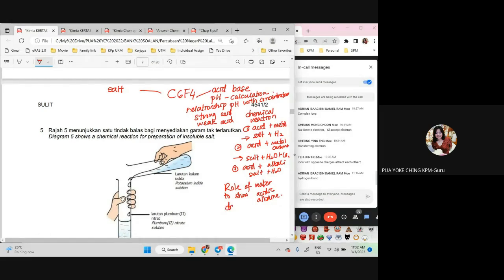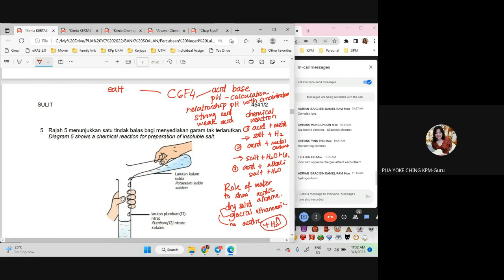Kalau dia adalah pepejal yang kering, no water. When they are in glacial state. Okay, glacial usually is for your glacial ethanoic acid lah. Okay, glacial ethanoic acid. So these two no acidic properties unless you add water. After you add in the water, then only okay.